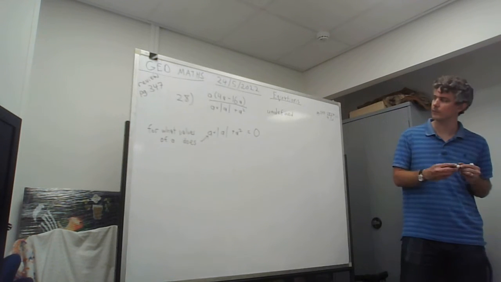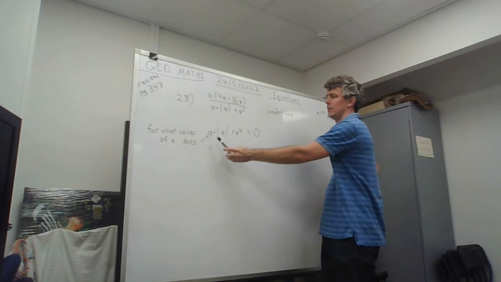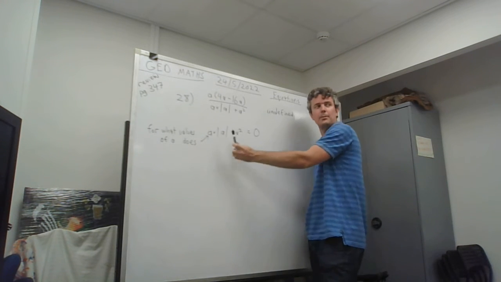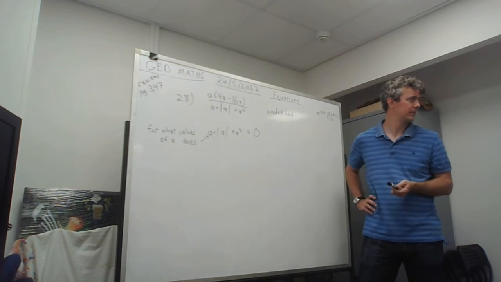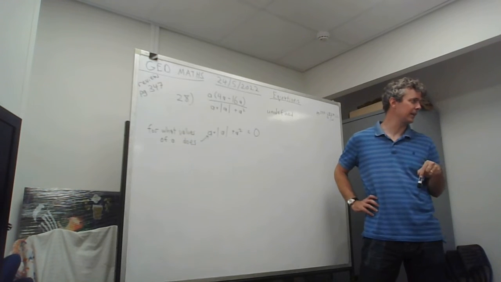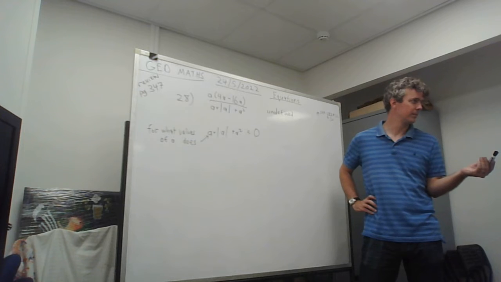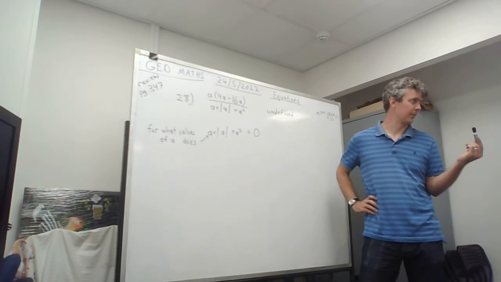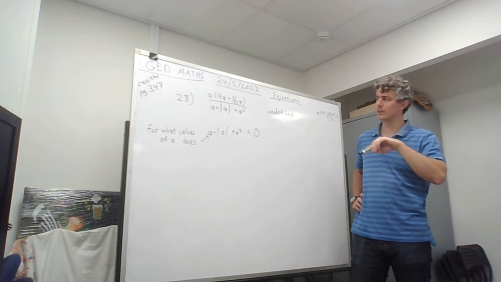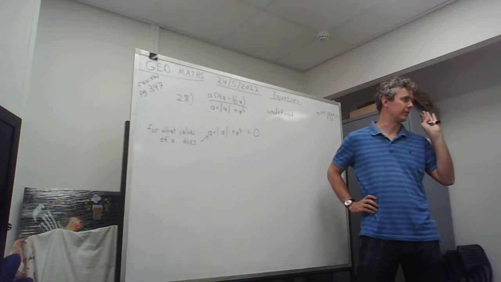You need to think about this. You remember what absolute value means? Whatever it is you take, if it's negative, it becomes positive, and if it's positive, it stays positive. The absolute value just makes whatever it is positive.